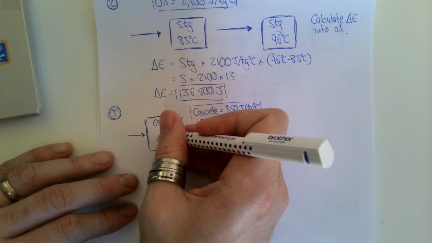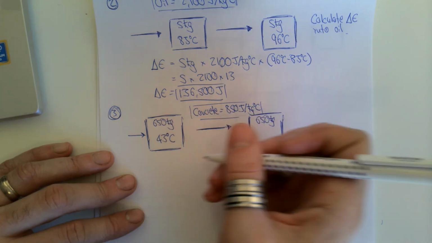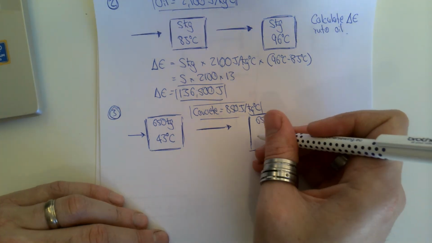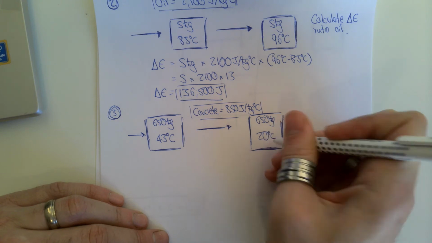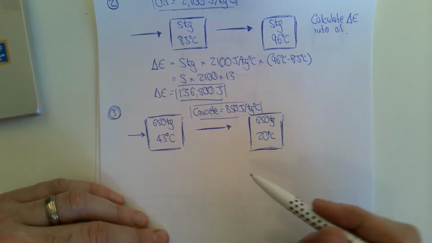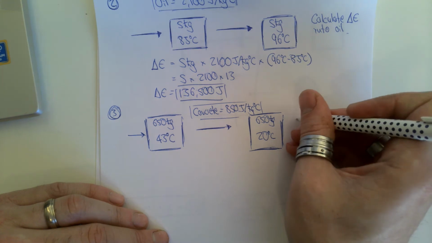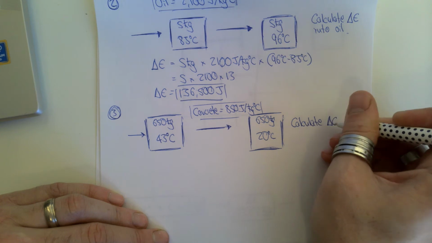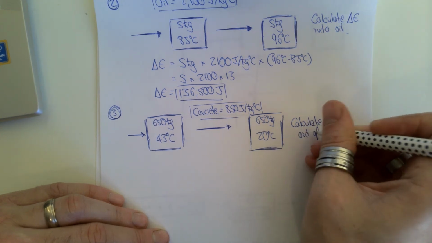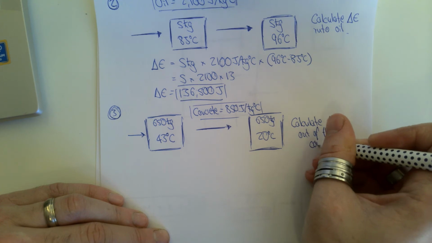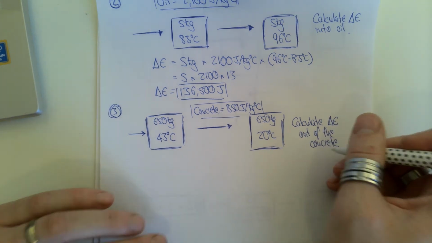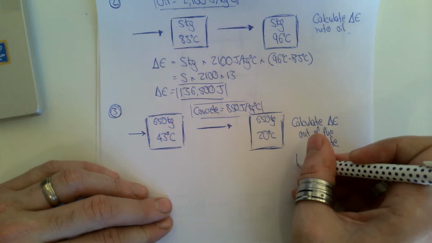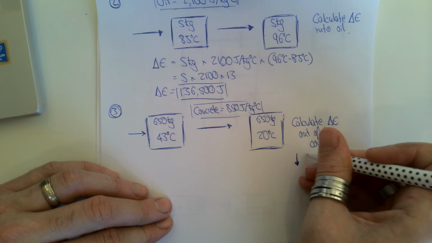Well, I say heated, the temperature changes from 43 degrees Celsius to 20 degrees Celsius. So energy isn't being transferred into the substance here, energy is being transferred out. So we're wanting to calculate the energy transferred out of the concrete. Now, even though it's a drop in temperature as opposed to an increase in temperature, it doesn't matter. Still carry out the same steps as our previous examples.